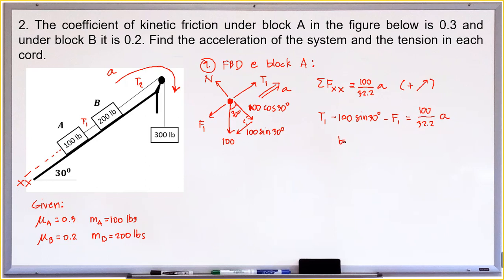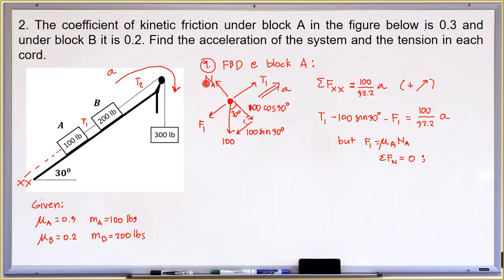But we all know that friction is equal to mu A times the normal force acting on block A, N_A. And if we take summation of forces along the normal axis of this surface, it is equal to zero. As I said before, summation of forces on a different axis should be equal to zero.